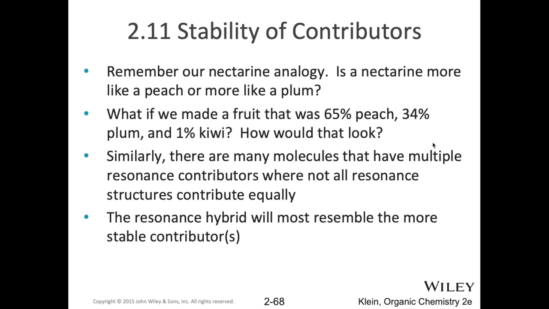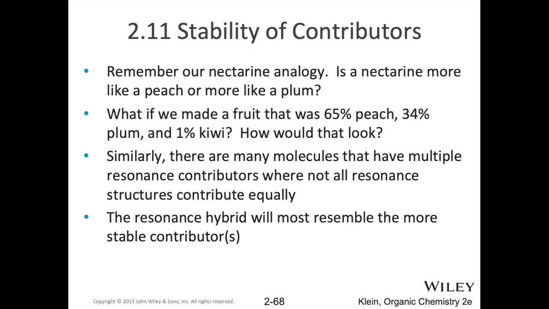So the analogy here is if you had a fruit that was made up of different percentages of other fruits. If a nectarine is 50% peach and 50% plum, what would you have if you had a fruit that was 65% peach, 34% plum, and 1% kiwi, right? That would look different than a nectarine.